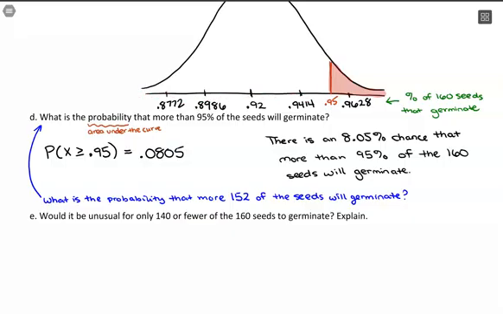But what I can do is go the step of thinking of that as a proportion, so 152 out of 160 is 0.95. Then I have a number that works for the scale of my number line for my bell-shaped curve. Then I can plot 95%.